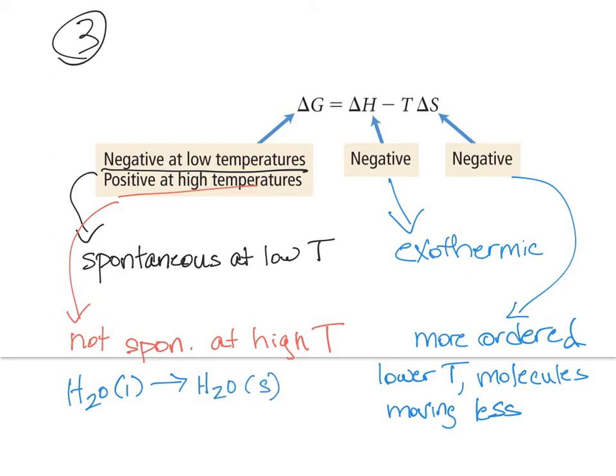In other words, freezing. Delta H is equal to negative 6.01 kilojoules. So it is exothermic, but it is becoming more ordered, and this makes sense that water would freeze at low temperatures. We know that to be true instinctively.